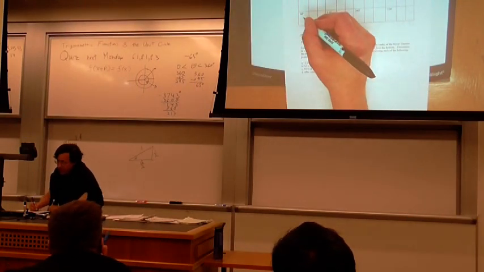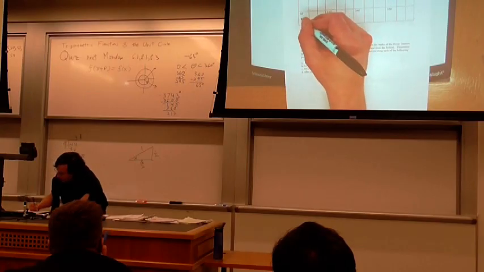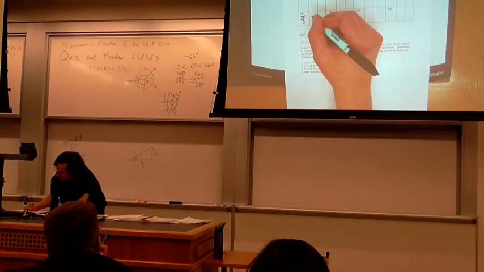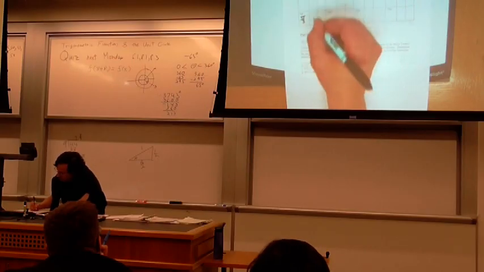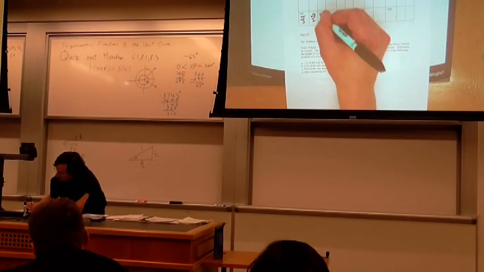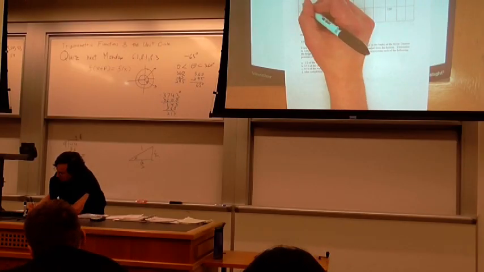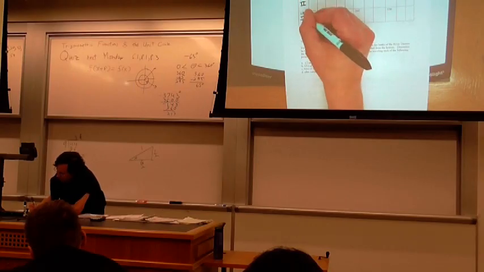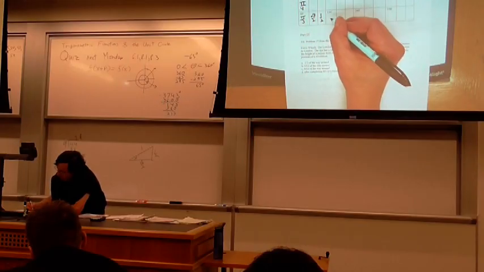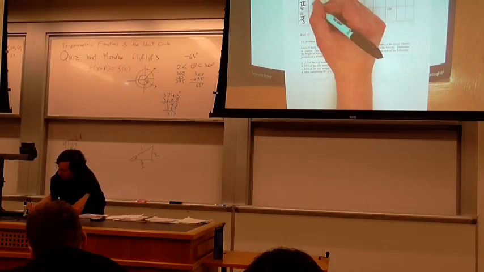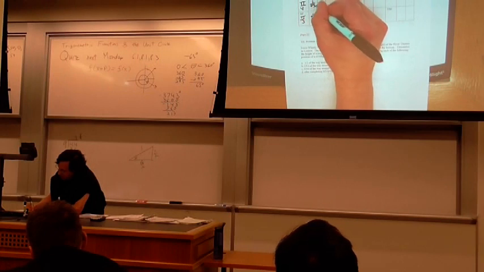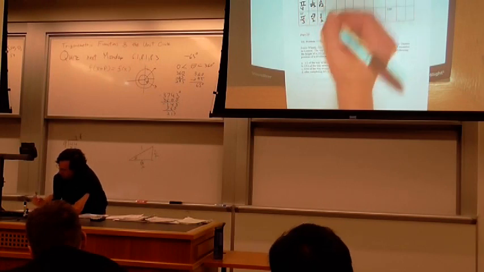Let's jump to 60 because it'll be easier to do it now. 60 is pi over 3, and its sine has to be the opposite of these two, right? So square root of 3 over 2, 1/2, and 45 degrees is pi over 4. And what did we decide the sines and cosines were? 1 over the square root of 2 and 1 over the square root of 2.